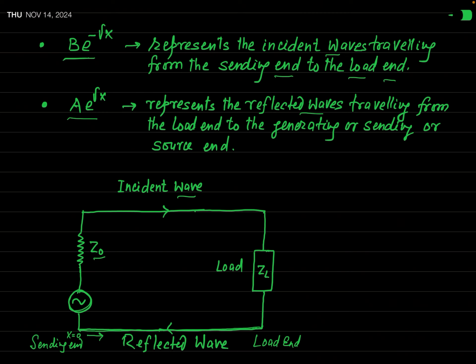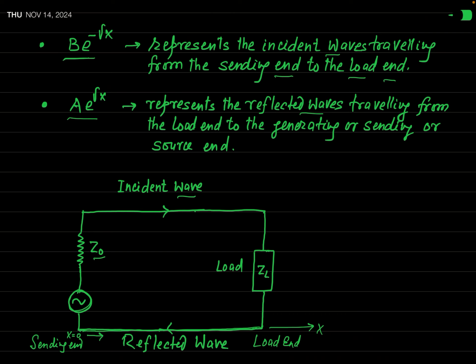It means we will consider the x coordinate of the sending end equal to 0, and we will move along the x-axis, because you have seen in the previous lecture that the two wires of the transmission line have been considered lying along the x-axis.